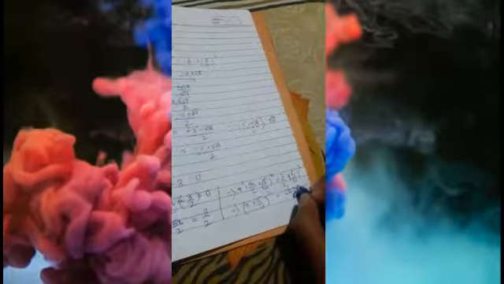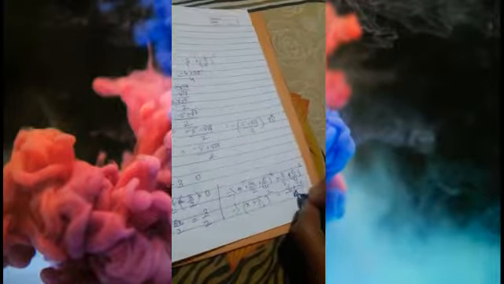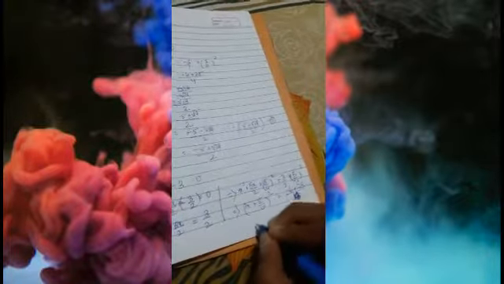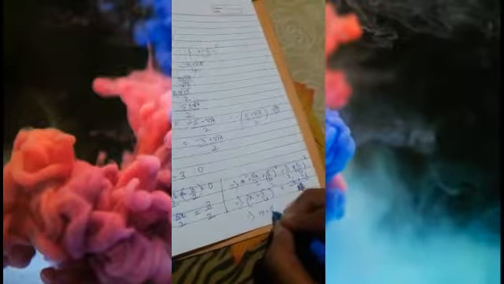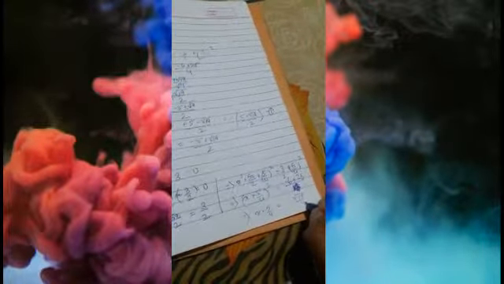So this becomes minus 6 plus 25. No, 16 was okay. So then what we'll do is we'll make this x plus 5 by 4 equals root over of 19 by 4.